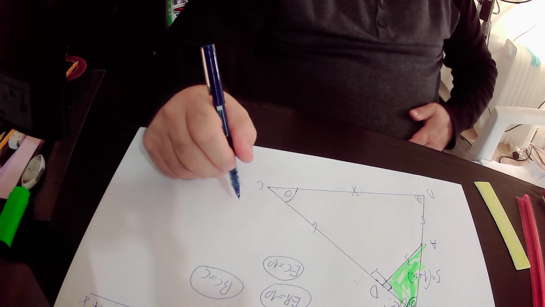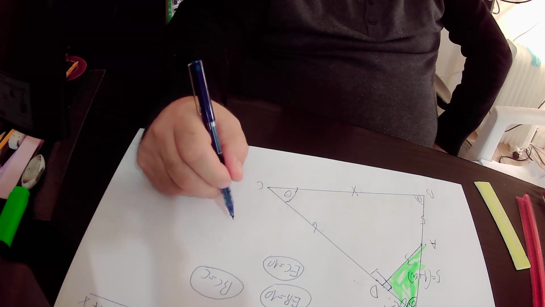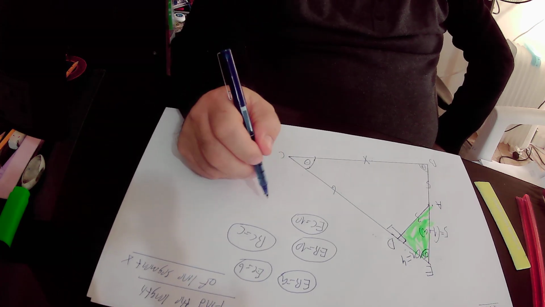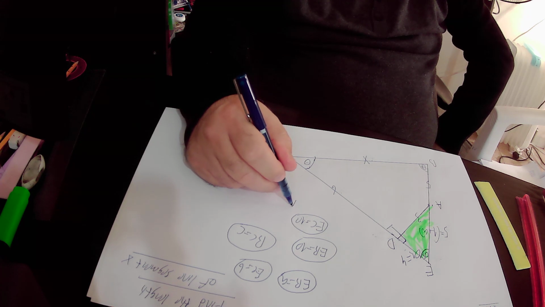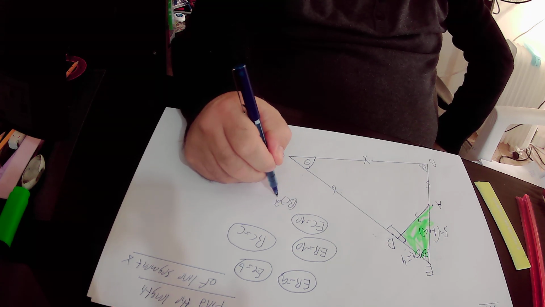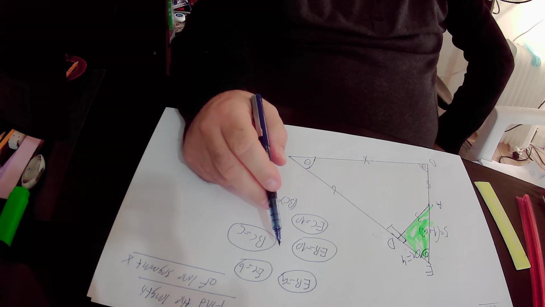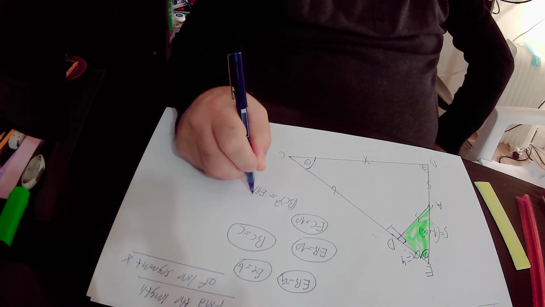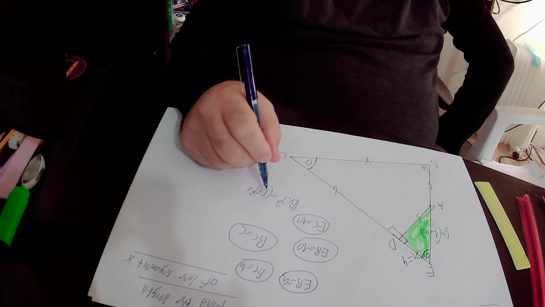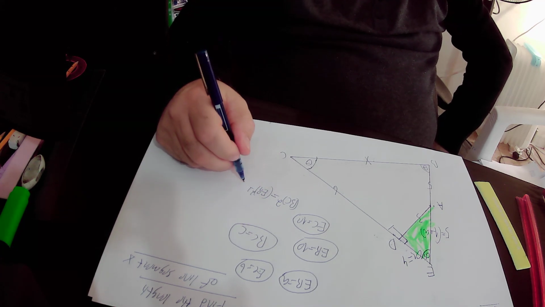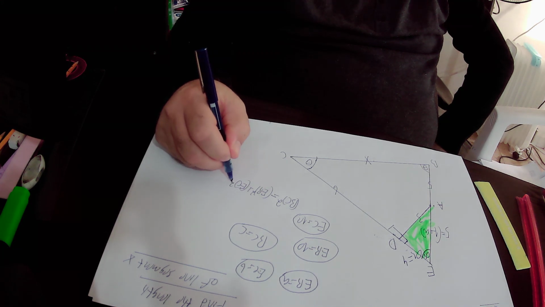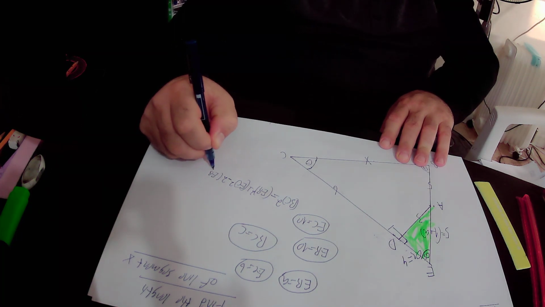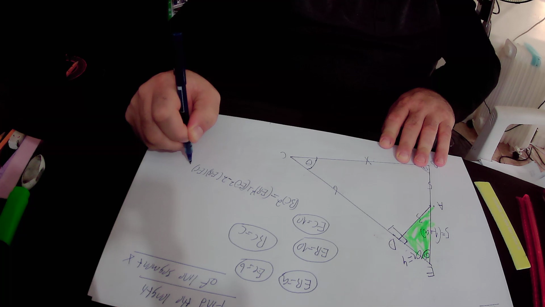So, according to the law of cosines, we get that C squared is BC squared, that is actually X squared, equals A squared, which is EB squared, plus B squared, that is actually EC squared, minus 2 times EB times EC times cosine alpha.